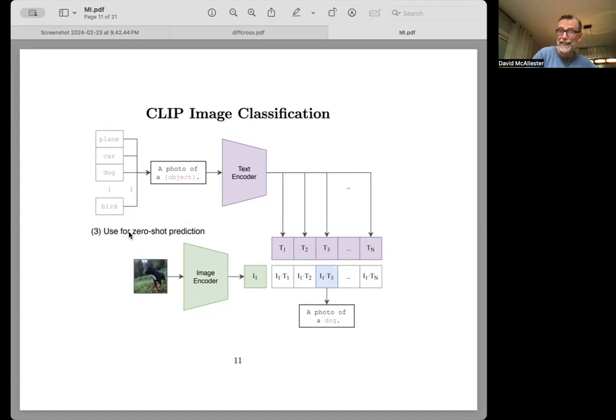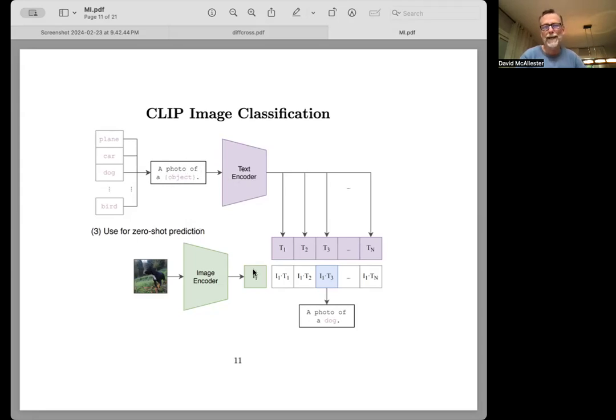do classification of images. The way you do classification of images is, if I want to know what's in the image and I've got a list of possible things that it could be, like I want to solve ImageNet, I'll take the text "a photo of a dog" or "a photo of a cat" or "a photo of a flower." Those are all different labels I could give to this image.